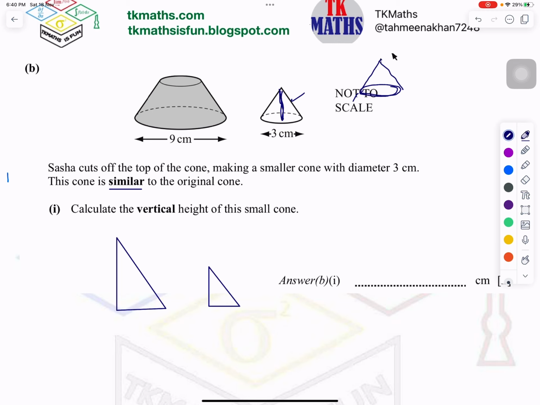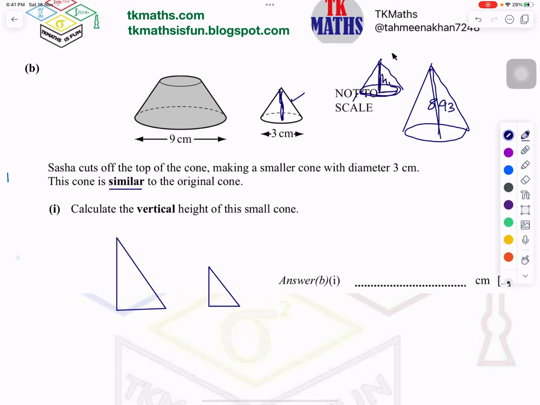So what I have done: the big cone which was given to you in the earlier part, you have just calculated 8.93 in the previous part. Sorry, this is a little slanted, but try to understand what I'm doing. So this was 8.93, given to you. And this is asked. Let me call it H1.